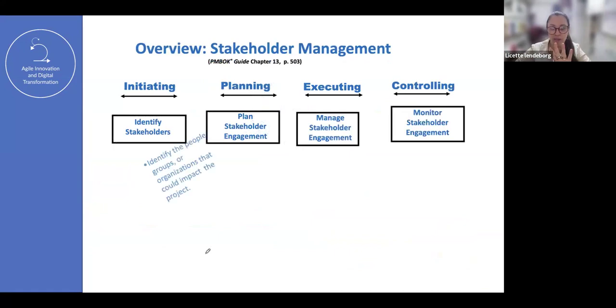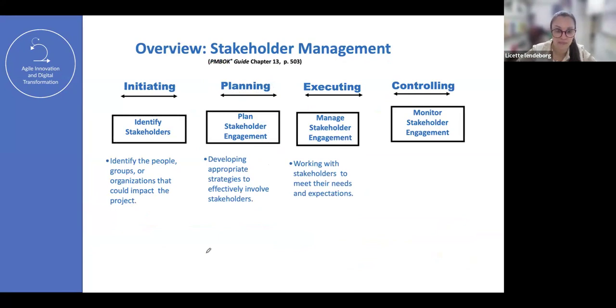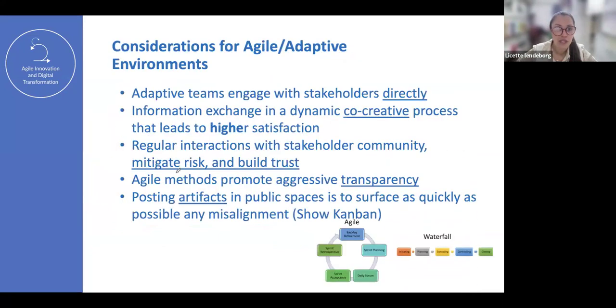I'm not going to explain the processes right now because I want to show you the example that I created for you guys. So let me continue. This is the last, the only page that I'm going to read.